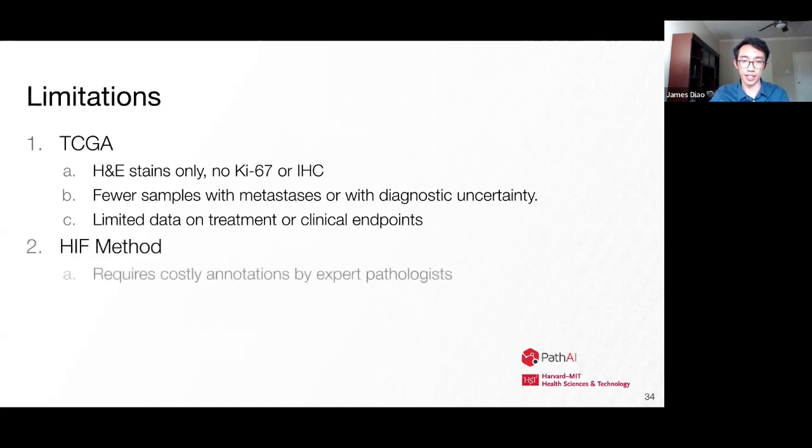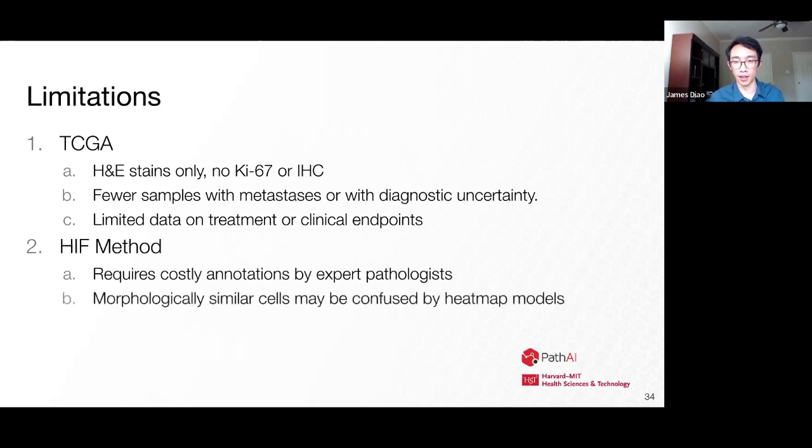And limitations of the HIF method itself. I think the big one is that it generally requires annotation, and annotations are very costly. We had a lot of annotations, and that can be rate limiting. Morphologically similar cells can be easily confused by heat map models. We tried to fend this off as best as we could with input from our pathologists and targeted annotations, but there are still some that were very resilient to our efforts.